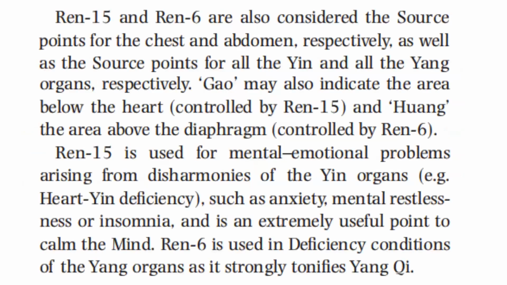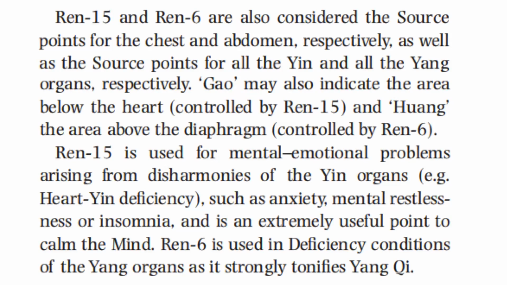REN15 and REN6 are also considered source points for chest and abdomen, respectively, as well as the source points for all the yin and all the yang organs, respectively. Gao may also indicate the area below the heart controlled by REN15, and huang, the area above the diaphragm controlled by REN6.